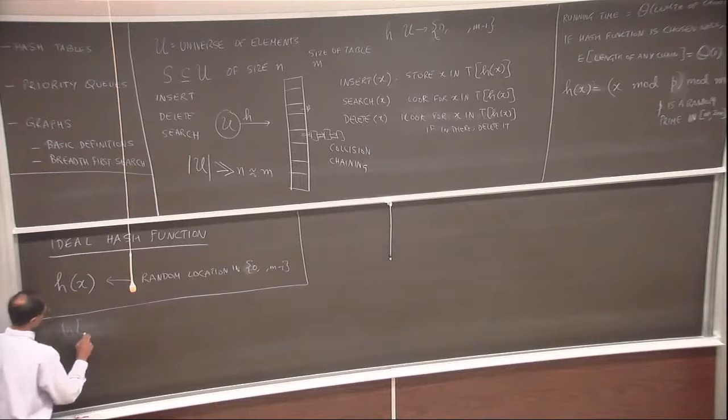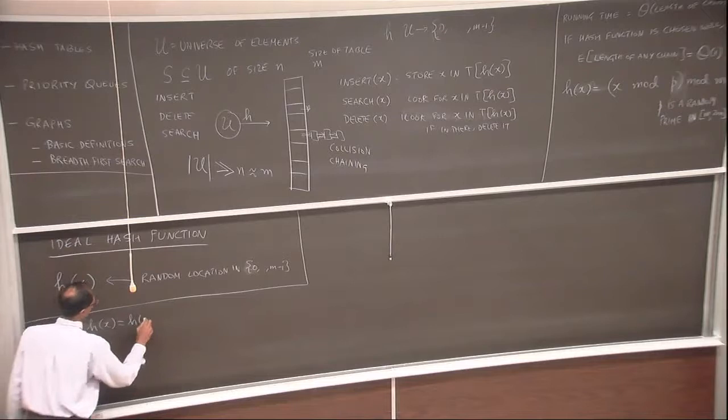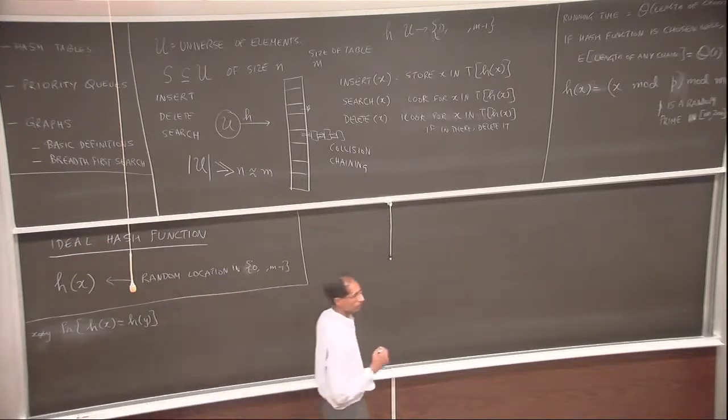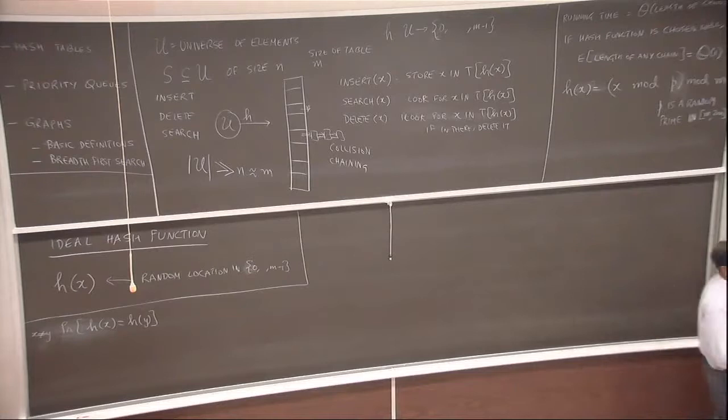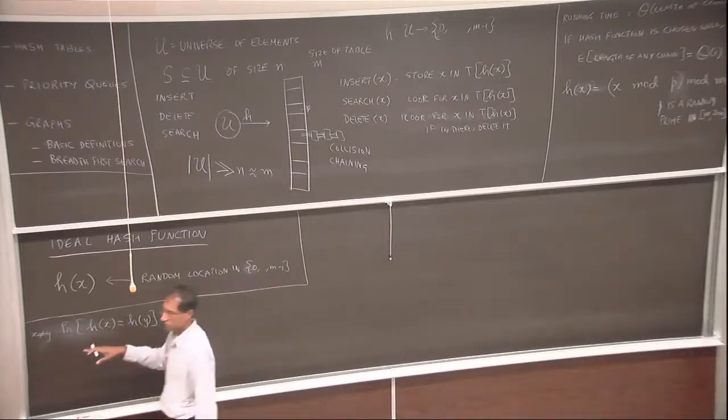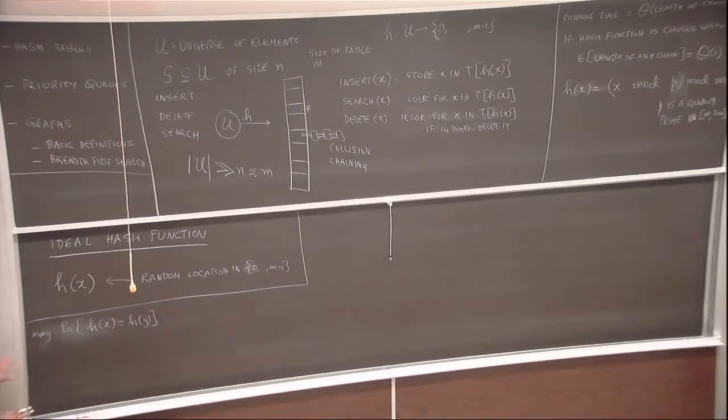What's the probability, let's calculate some things, that h of x equals h of y, where x is not equal to y? What's the probability that h of x equals h of y? We started talking about probabilistic things when we solved a very elementary probability when we did randomized selection. So let's review some of these things.